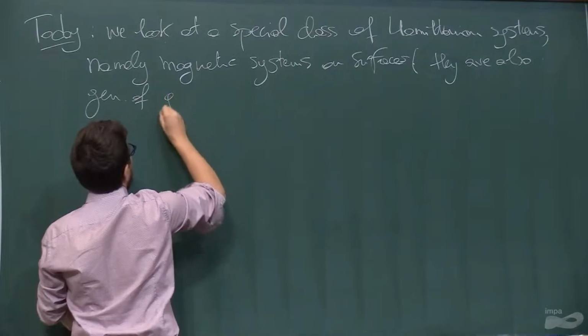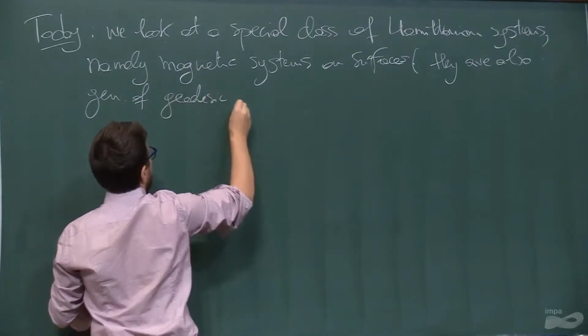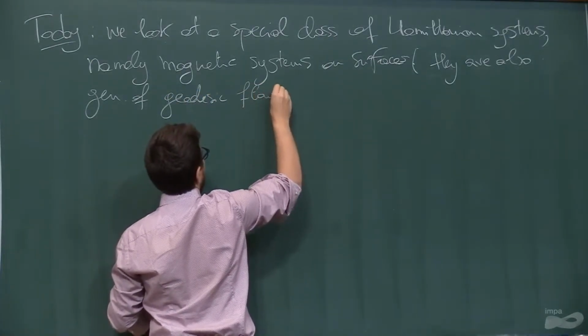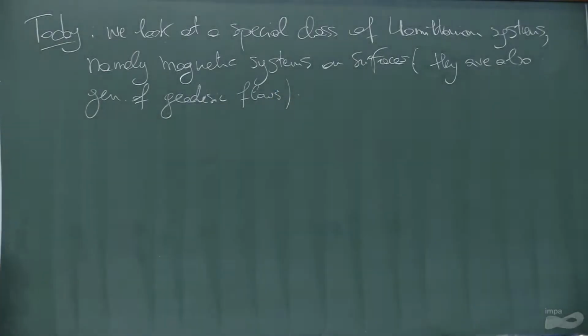And so, as I said before, for us the motivation is to find periodic orbits for such systems, and our strategy will be to understand Zoll examples in this class.